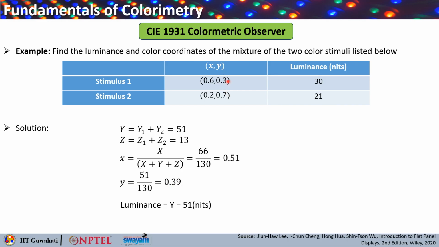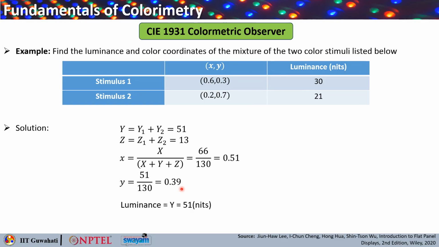So when you mix these two stimuli, that is, you are mixing the two colors, it gives you a new stimulus having coordinates of 0.51 and 0.39. And what is the luminance in nits? That is 51. I believe you understood how it is done.